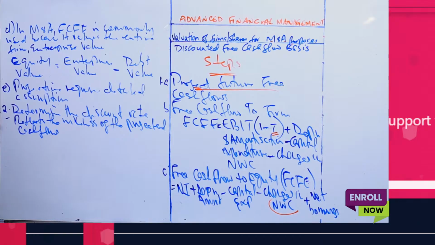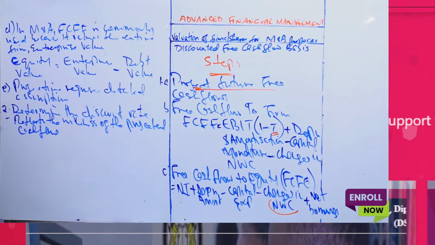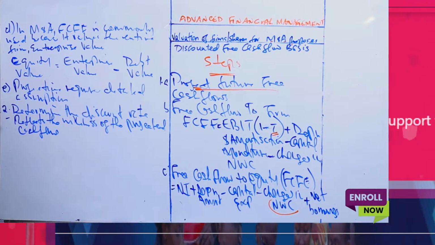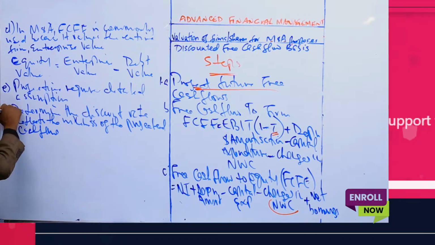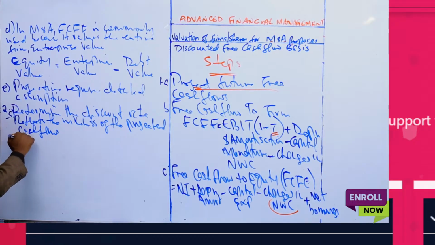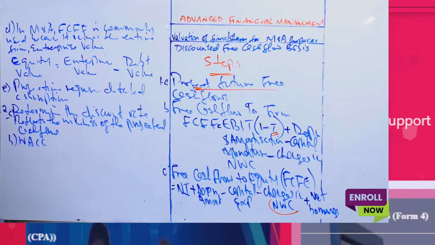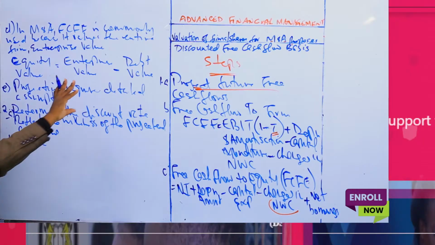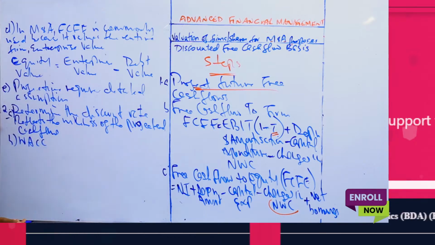The most common discount rate for free cash flow to the firm is the weighted average cost of capital. If you are doing the valuation for the entire firm, we use the weighted average cost of capital.